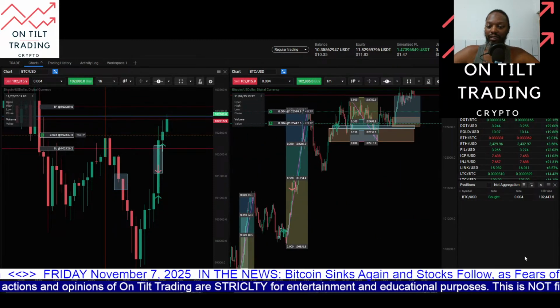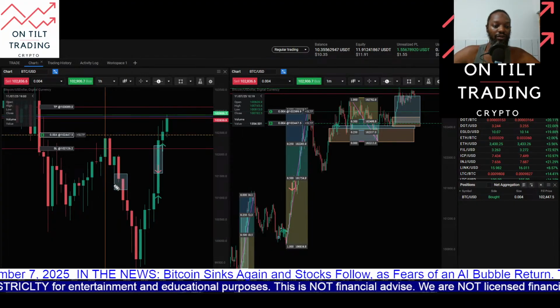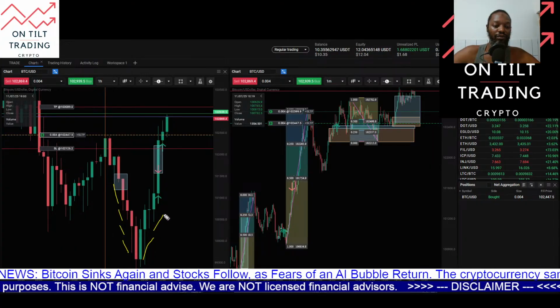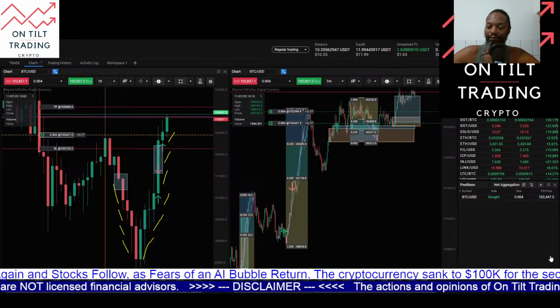But you can see over the course of the day, or at least during the course of London, it's just been a gradual stair step down. And then over the course of New York, a reverse and a stair step to the buy side.